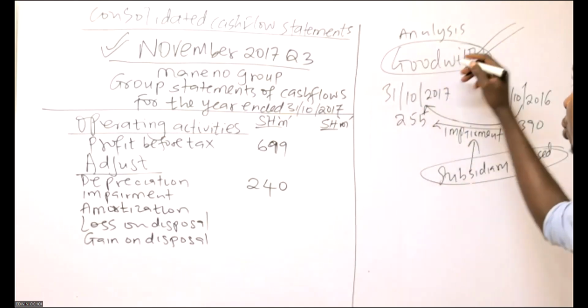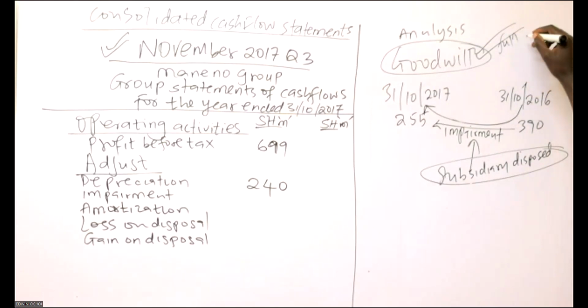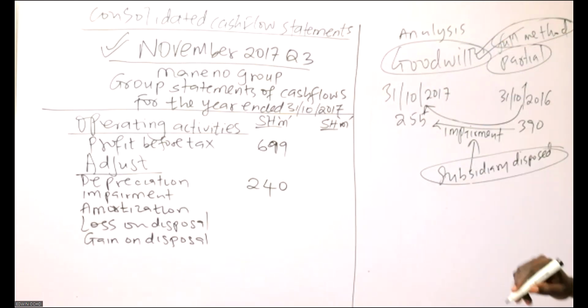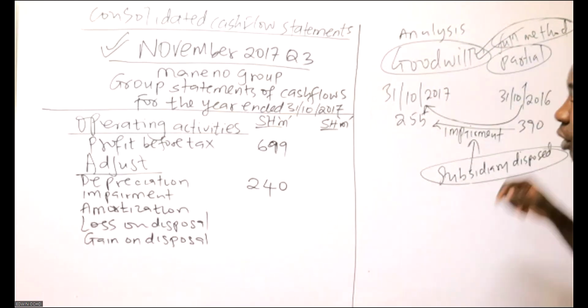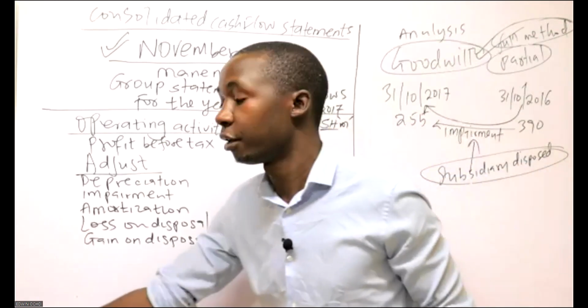So for goodwill, you can either use the full method, do you remember from financial reporting? You can either use the full method or the partial method when doing goodwill. Remember that you can use the full method if the NCI is stated at fair value.